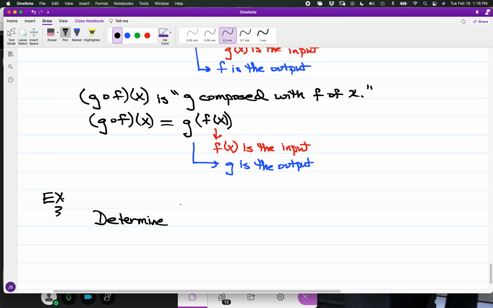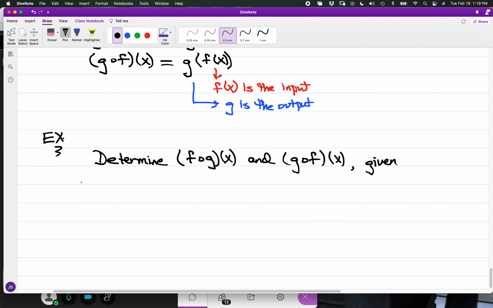So if you were to determine f composed with g of x, and g composed with f of x, we'll start out like in the first case.